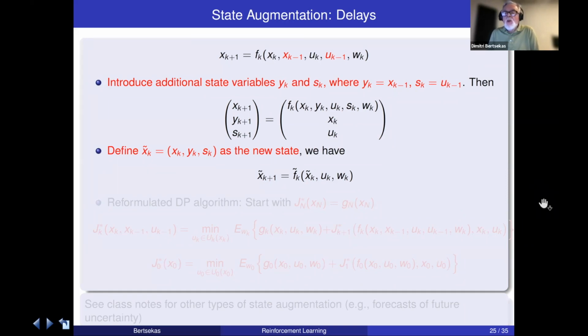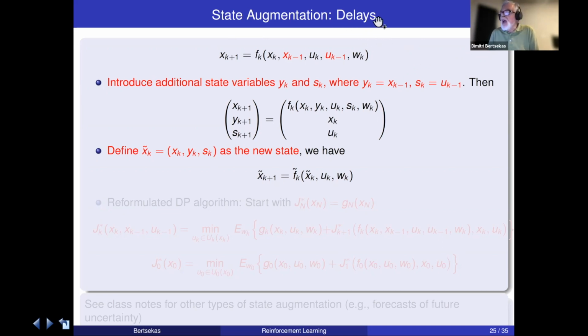On the other hand, it may not quite be sufficient to give you the framework that you want in terms of a system equation and so on. So you augment it, you make it bigger, you add more things to the state so that it becomes legitimate in some sense in the context of our dynamic programming framework.